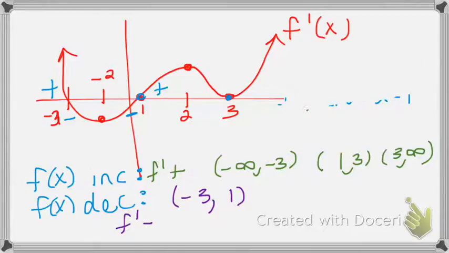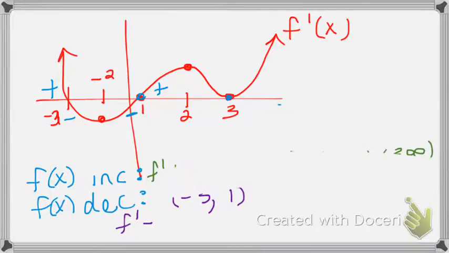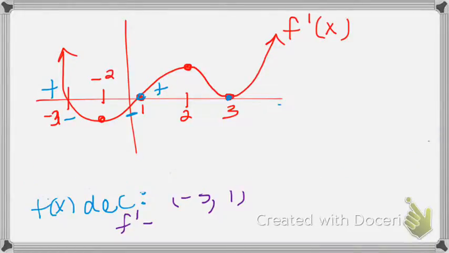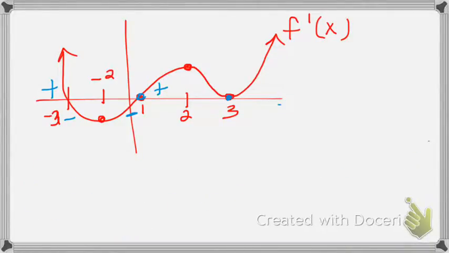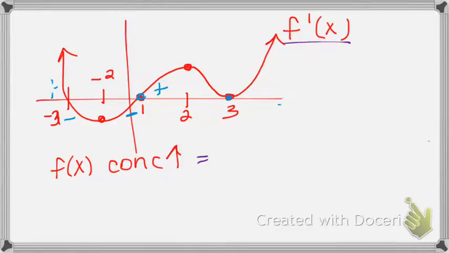Okay, so then let's talk about concavity of f of x and points of inflection. So let's say that I want to know where f of x is concave up. Okay, think about going to your table. Remembering we're on the f prime of x side, and we're looking at concavity. It tells us to look where the derivative or the slope is positive.